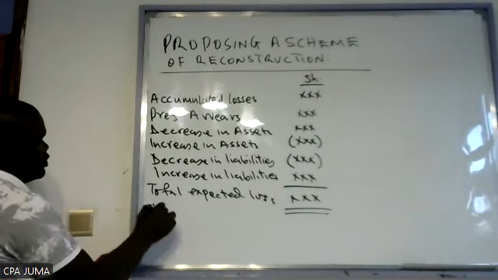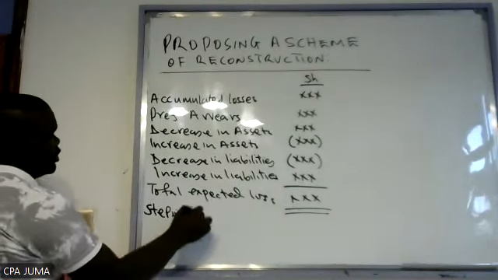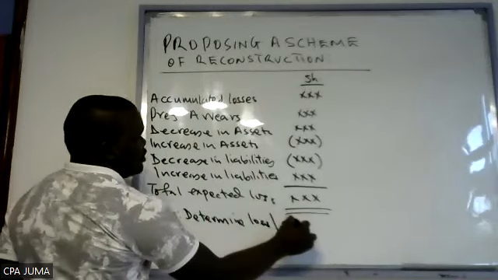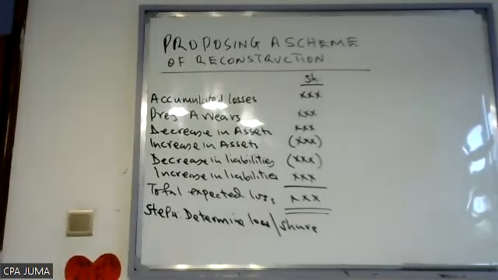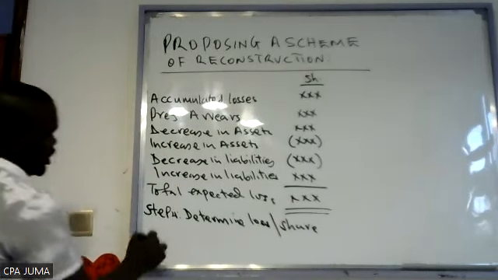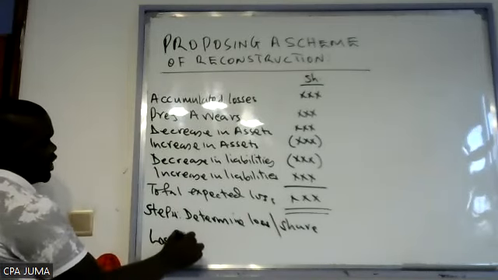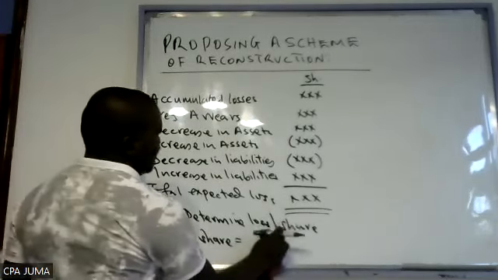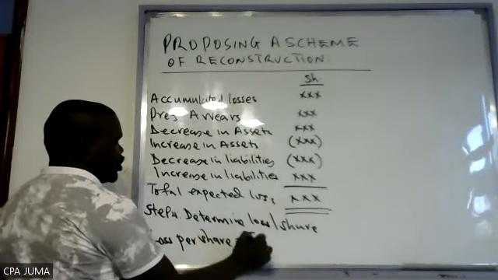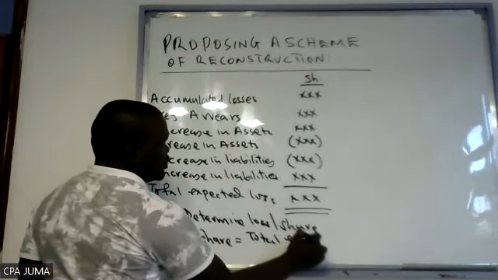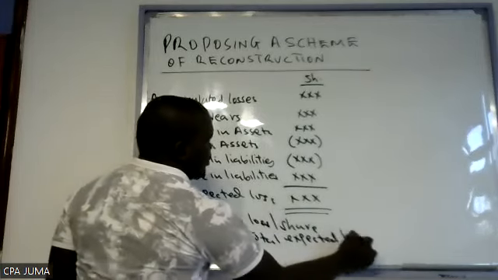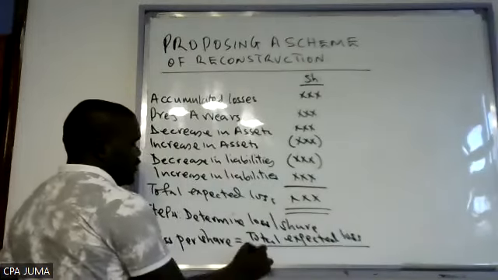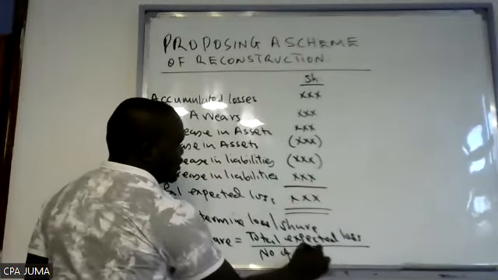Then step 4, determine loss per share. So loss per share will be total expected loss divided by the number of shares.